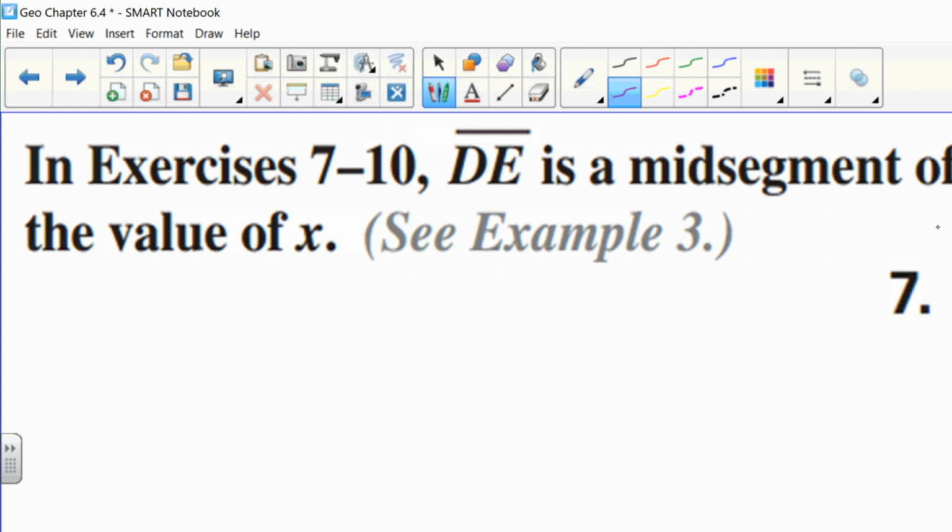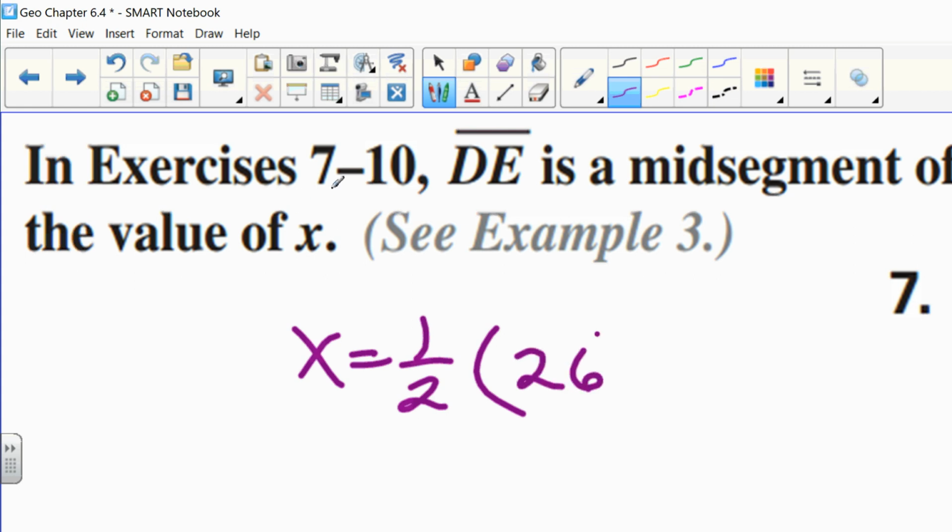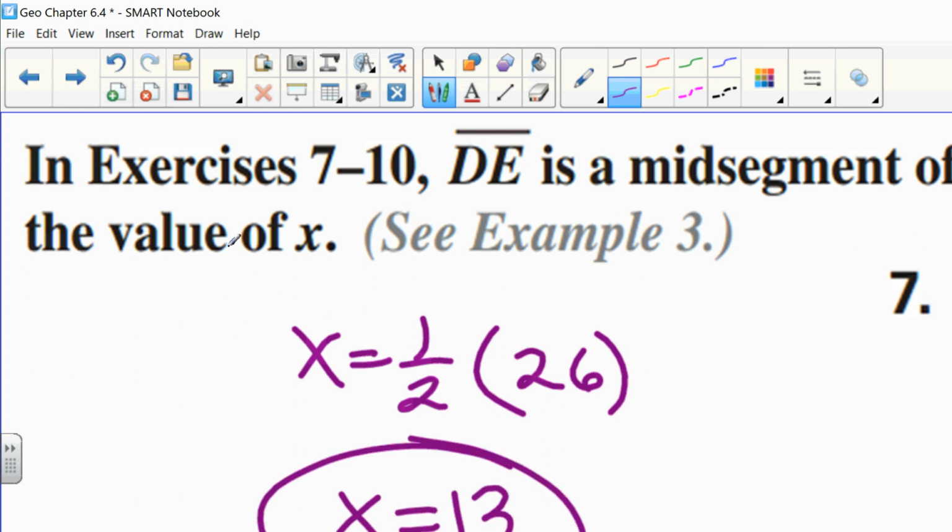So we said DE is a midsegment of the triangle ABC. Well, the midsegment's equal to what? Half of the third side, yes? So that means here, x is equal to half of what? 26. So the value of x is 13.